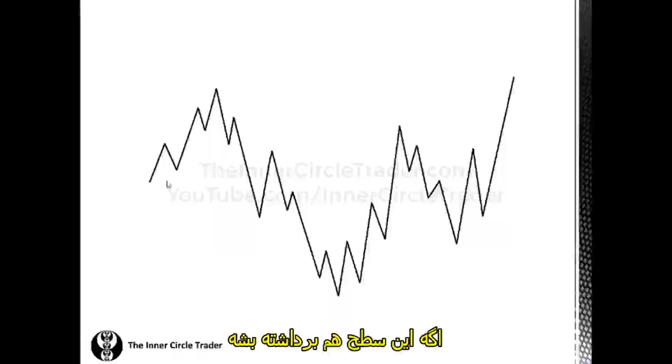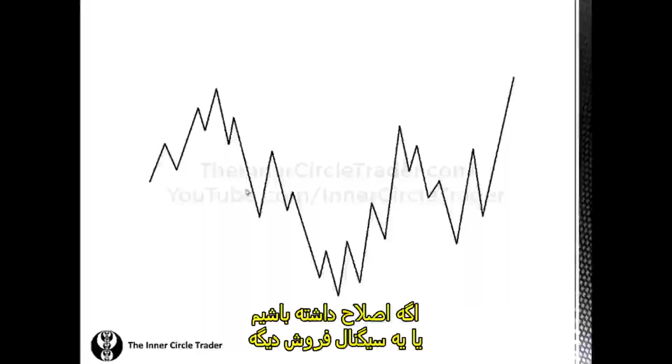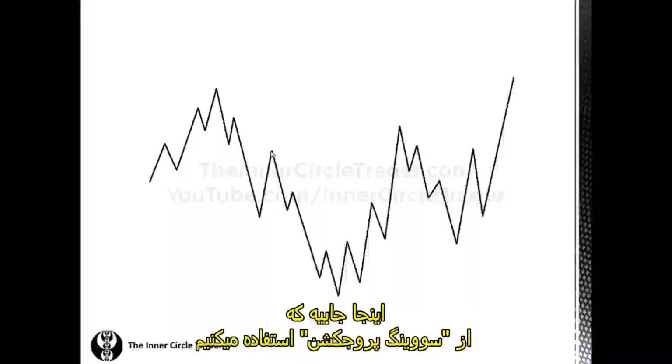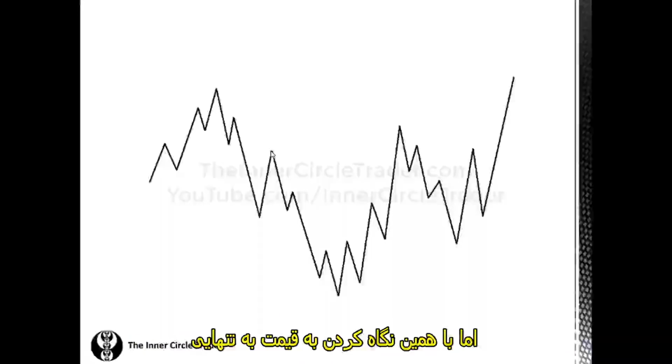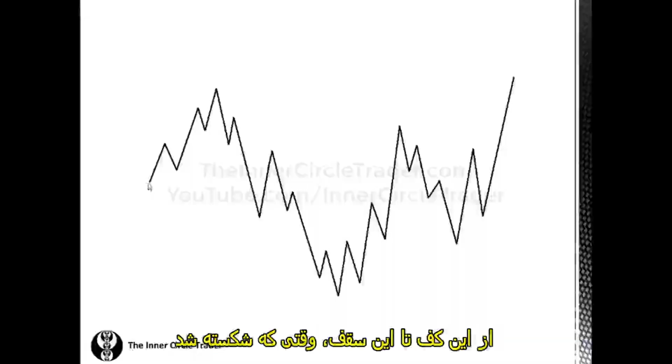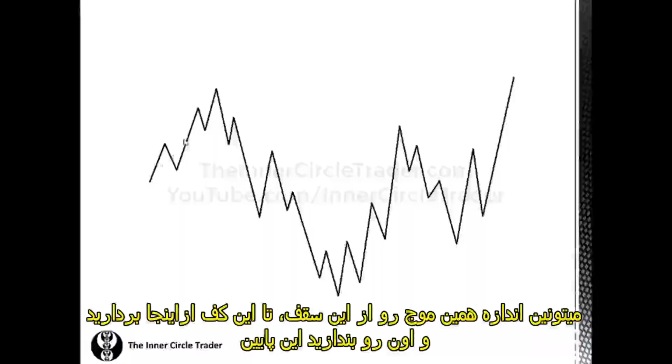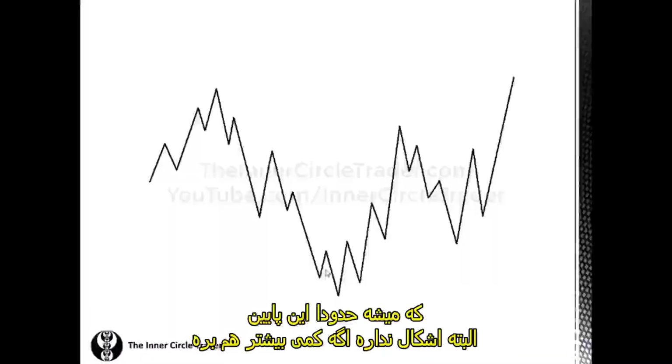If this level's taken out here, if we get a retracement or another additional sell signal, this is where we use swing projections just on price. We're not using Fibonacci. You can, but just looking at simple price action alone, this low to high, once it's broken, you can start taking this same measurable swing from this point here down to that same level and project it lower. Okay, and you get somewhere in this area here.